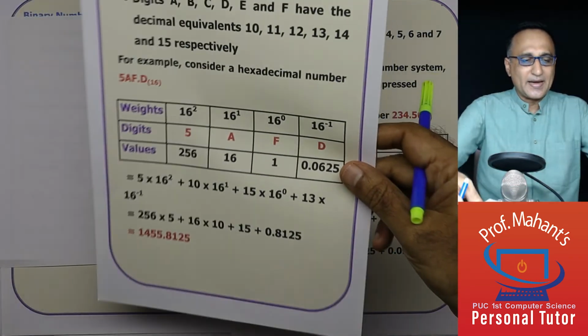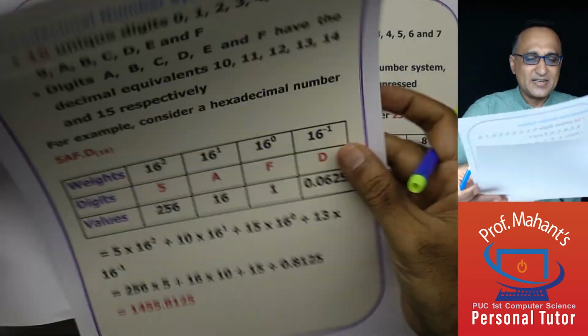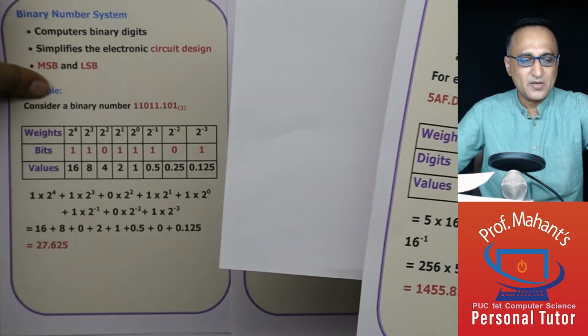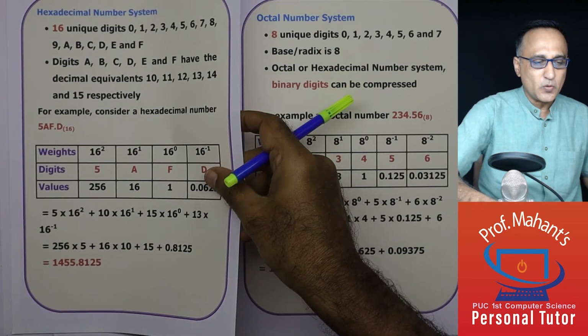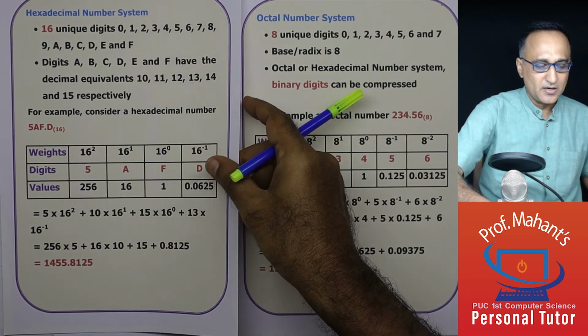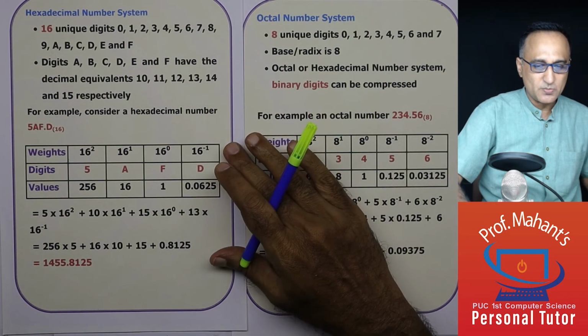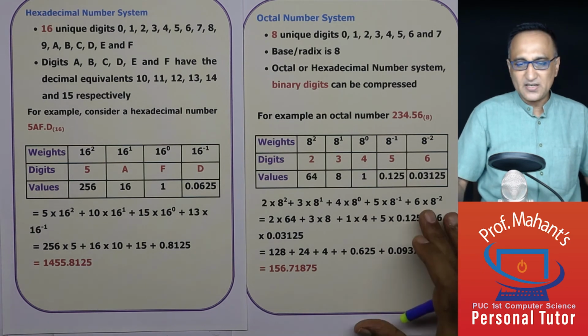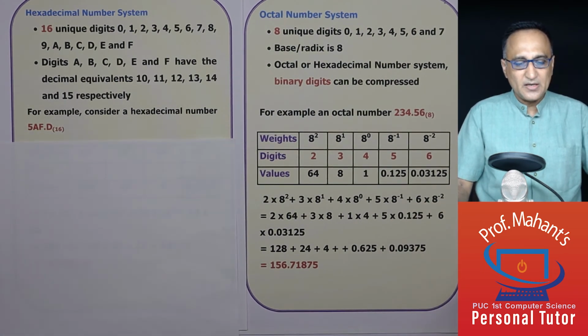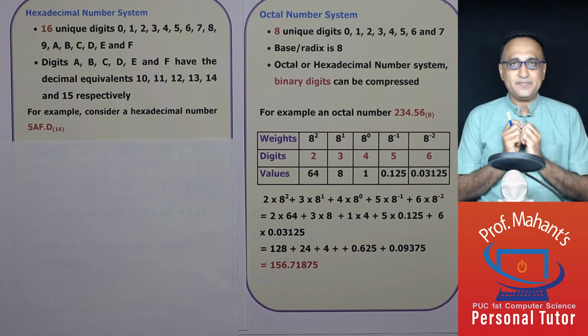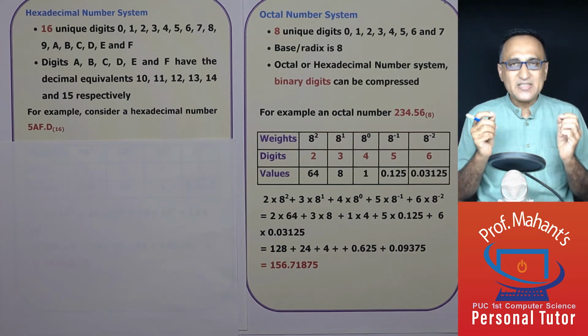Now let's take a look at the hexadecimal number system. Hexadecimal, along with octal and binary, is essential to have a good conceptual clarity when you're working on computers. So just be aware that you need to have decent understanding of the hexadecimal number system. Now in hexadecimal number system, hex means 16.